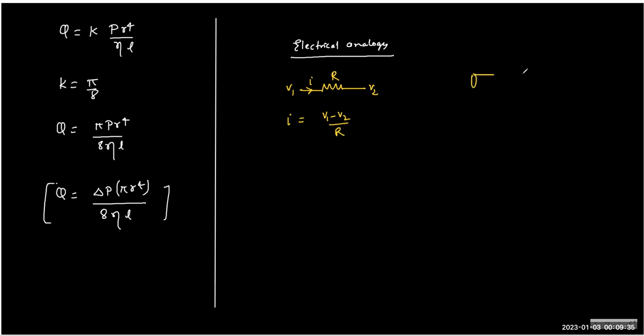So for every viscous fluid passing through a tube, the voltage will be replaced by the pressure difference, and we have to define something called fluid resistance, R_F. If you write this relation as delta P by 8 eta L by R power 4, you can see this is like a current. Q is the flow rate, so it's a current actually, not charge. So if you compare, this is like delta P by R fluid, isn't it?